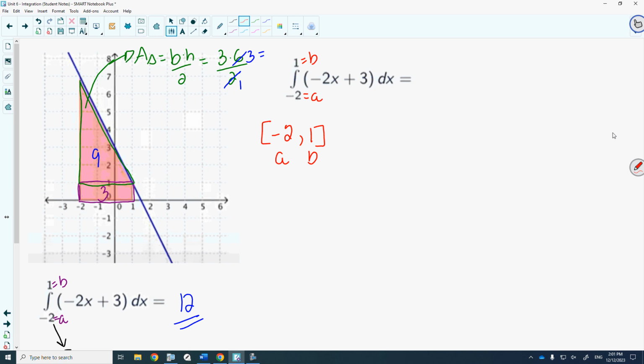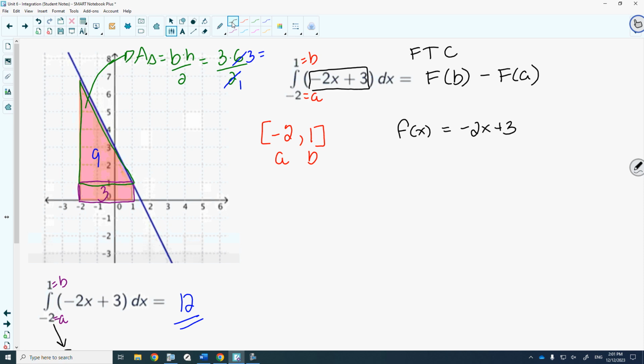According to the fundamental theorem of calculus, it's going to be f of b minus f of a. Okay, so first we need to figure out what our function is. This is our function, f of x. So f of x is -2x plus 3.